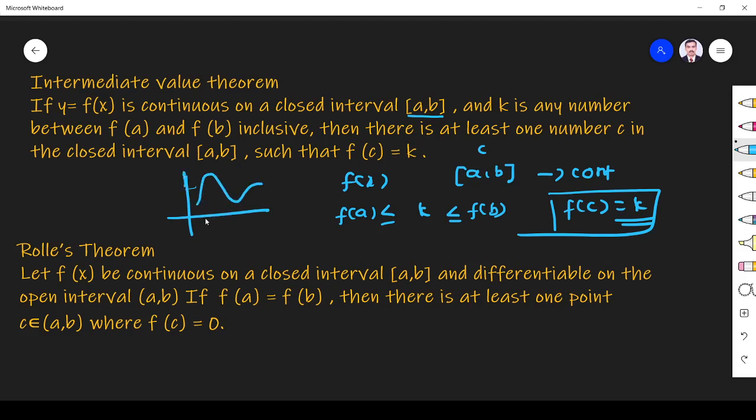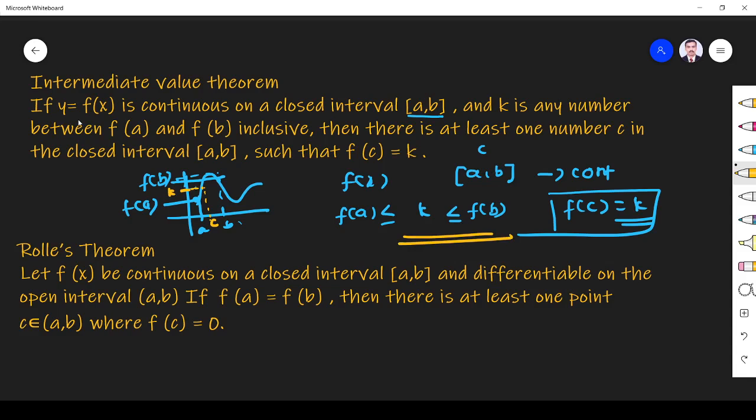Let me assume this point is point B and this point is point A. This location is f of B and this location is f of A. If k is a number between f of B and f of A, there must be a corresponding number, which is nothing but c, which lies between a and b. So that's what they are telling.